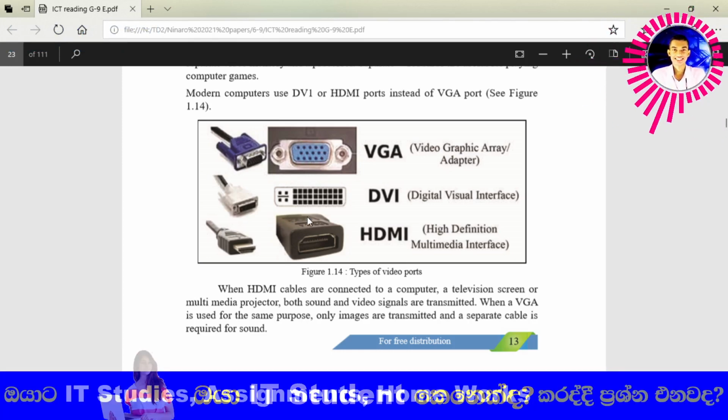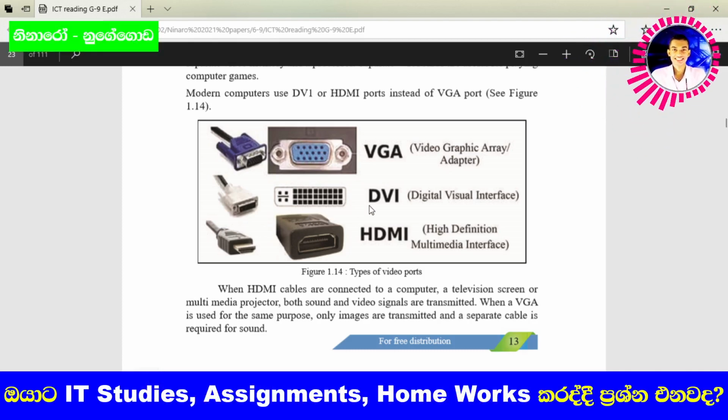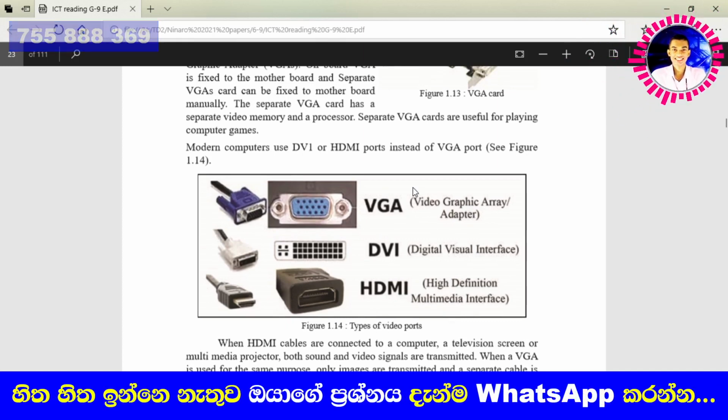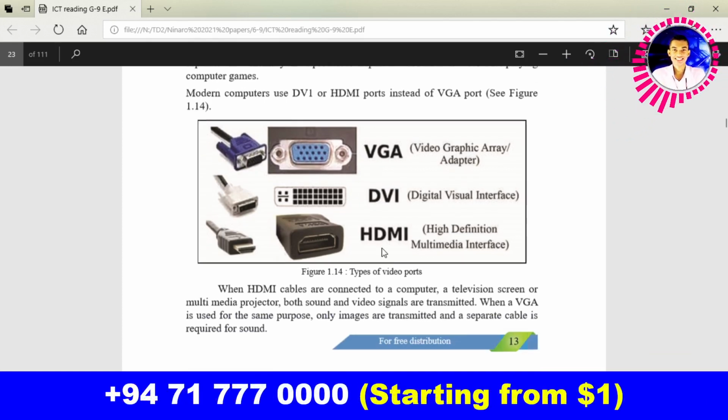If we consider the memory capacity of modern graphic cards, nowadays we use the name graphic cards instead of VGA card, because there are three types I mentioned here, especially with HDMI.